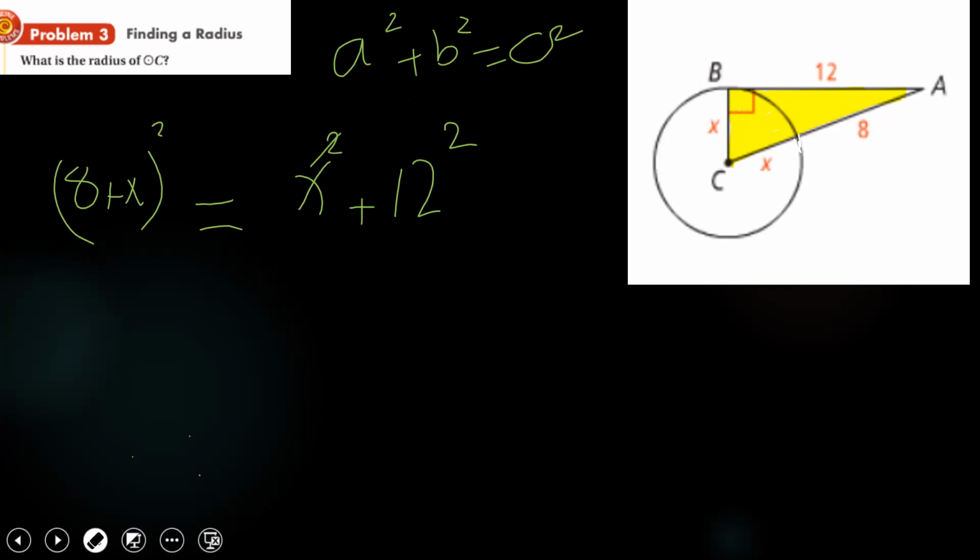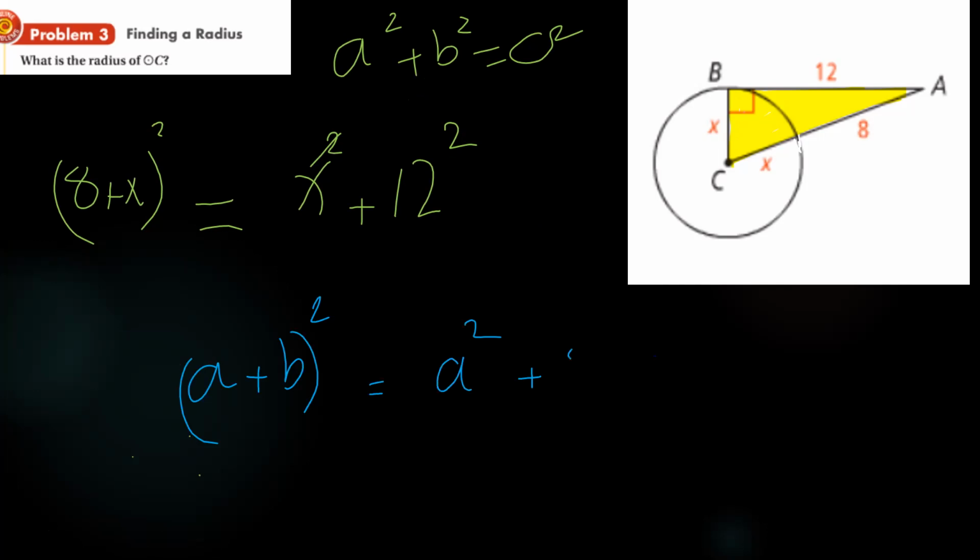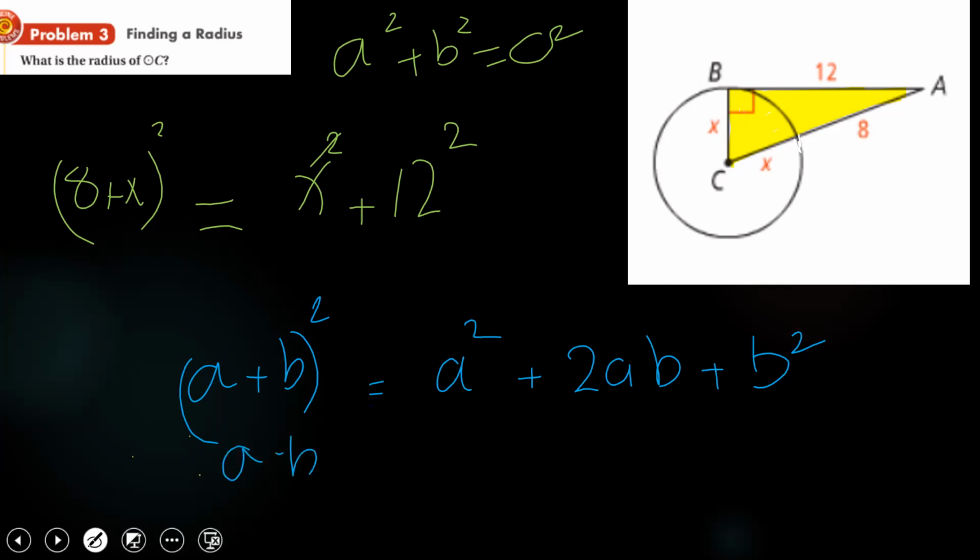But if they are added, you cannot. So what you have to do here is expand 8 plus x squared. All of us know that (a plus b) squared is a squared plus 2ab plus b squared. And (a minus b) squared is a squared minus 2ab plus b squared.